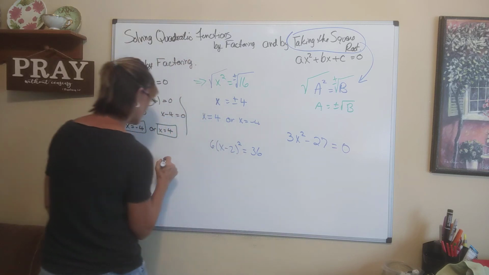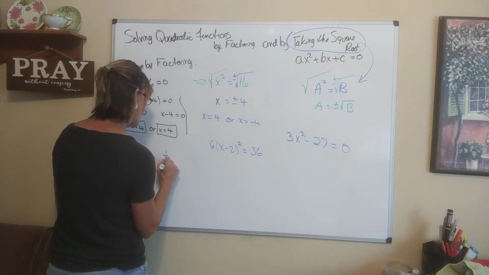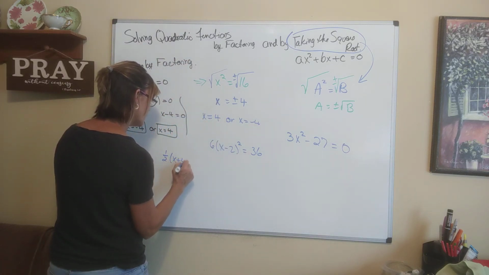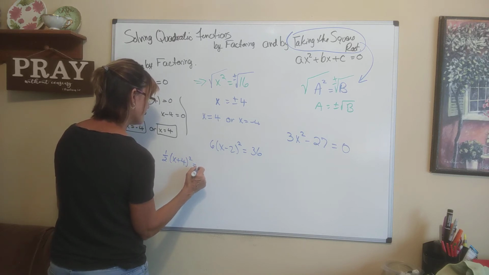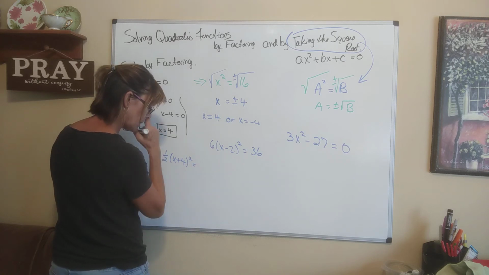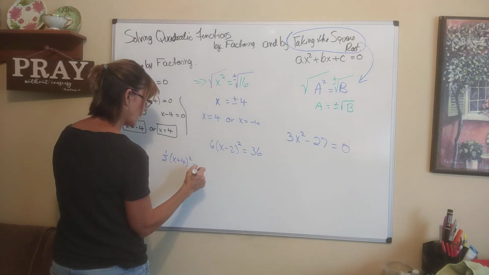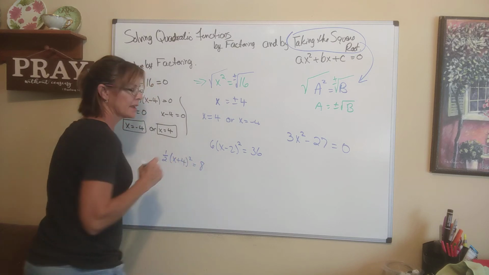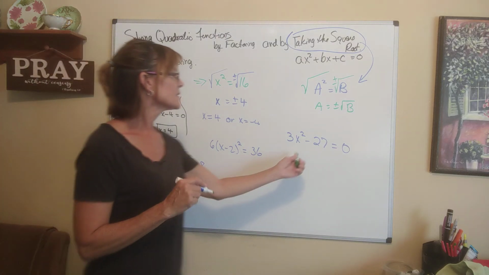What if they give us 1/2 times (x plus 4) squared is, I don't know what I want to say here. Okay, 8. We'll say 8. Okay, let's do these real quick.